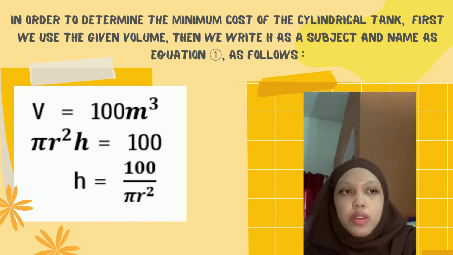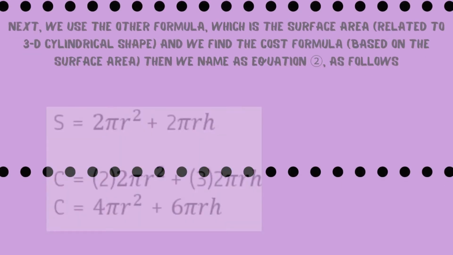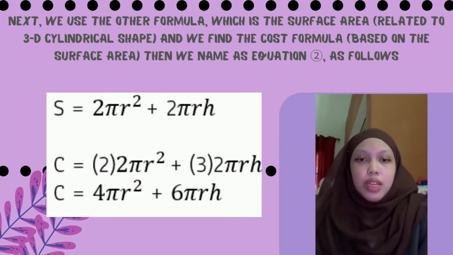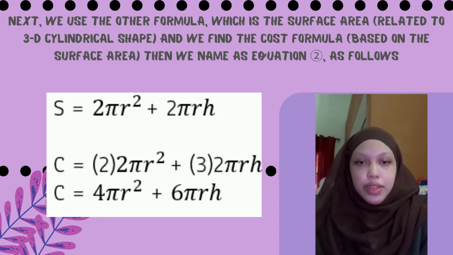Volume V equals 100 meter cubed, pi r squared h equals 100, h equals 100 over pi r squared. Next, we use the other formula, which is the surface area related to the 3D cylindrical shape, and we find the cost formula based on the surface area.